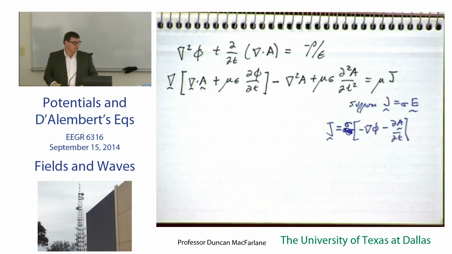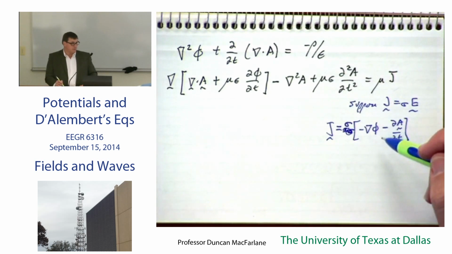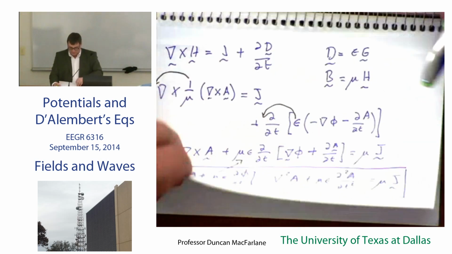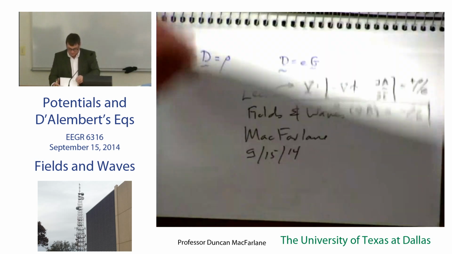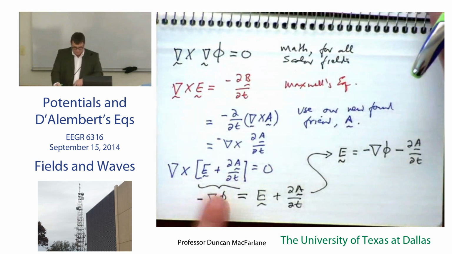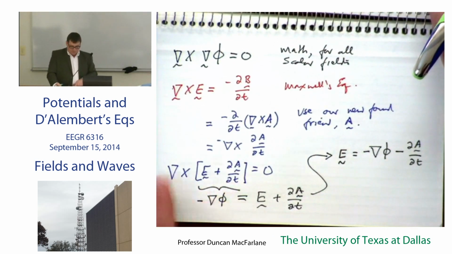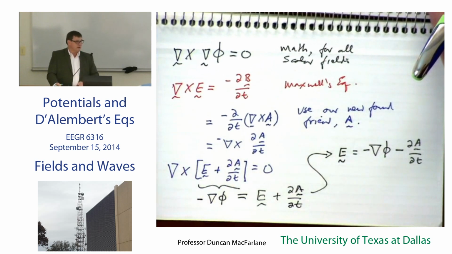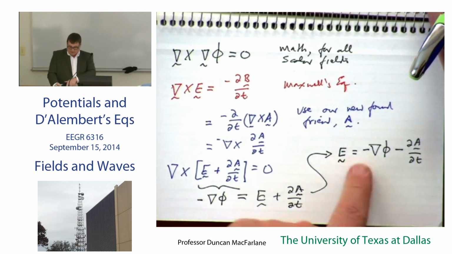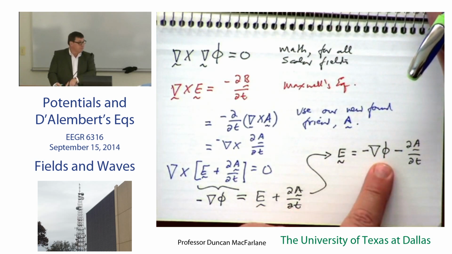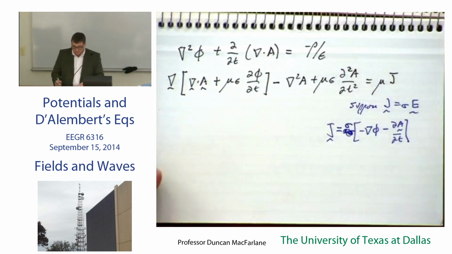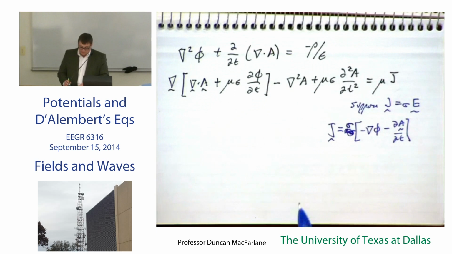You see that? Where I got that? Don't be afraid to say no. Using the second step, I was able to get phi in terms of A and E. And then I rearranged it so that E was equal to minus del V minus del A del t. Okay? So now I can substitute this in.